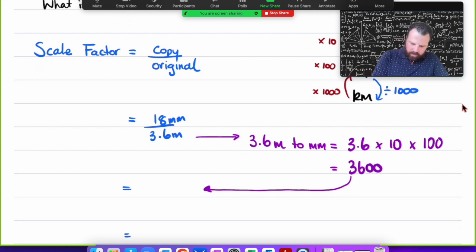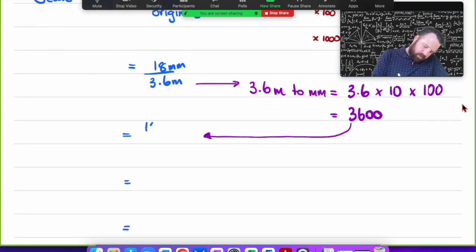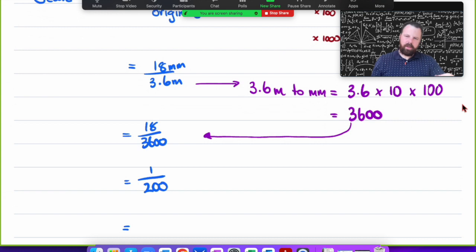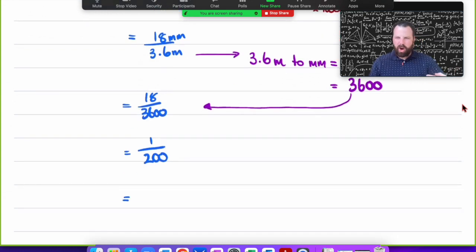All right, so what we end up having is 18 over 3,600. When we type that on our calculator, we get 1 over 200. Remember, our question asked us what is the scale, so we want to write this as a scale using a ratio. So we're going to say that's 1 to 200.